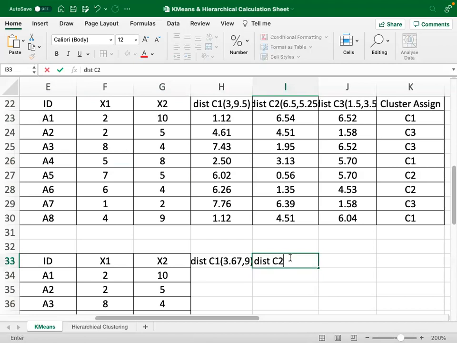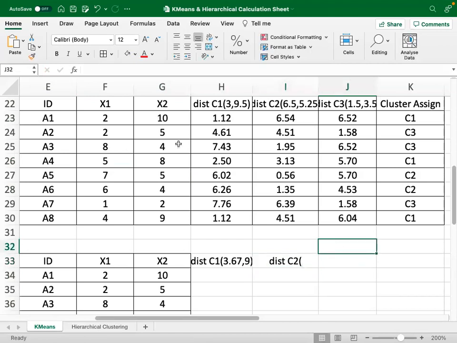Similarly, distance C2. So for C2, we have only two C2s, right? This is C2. Why did I put C3? This is C2, right?